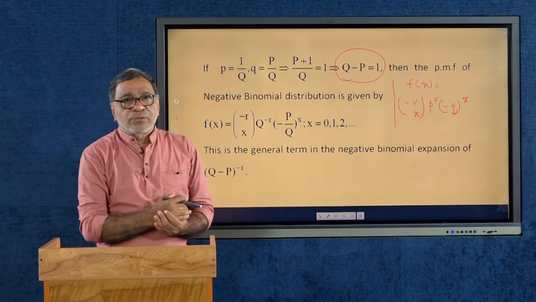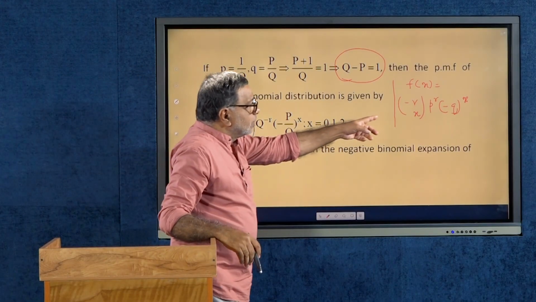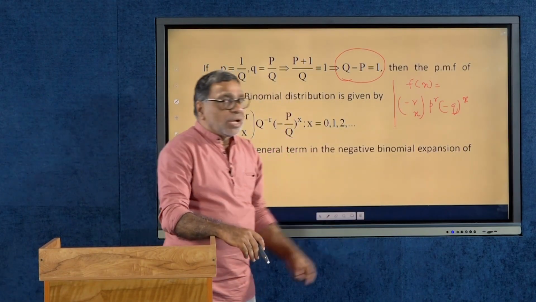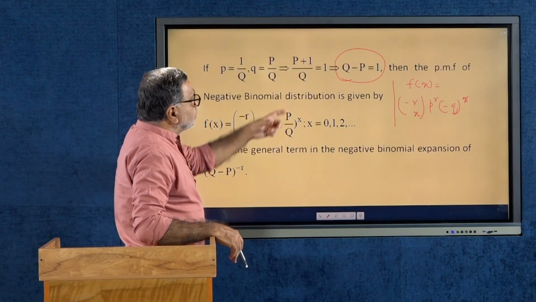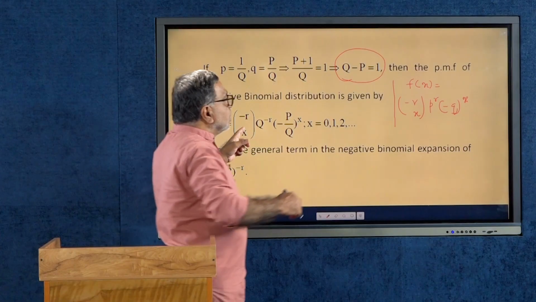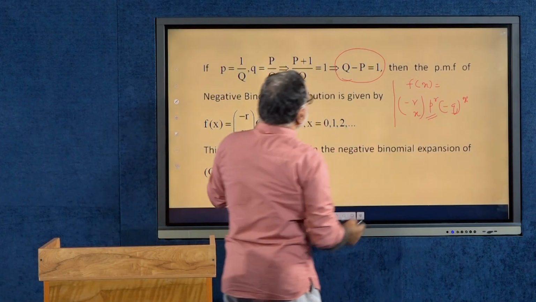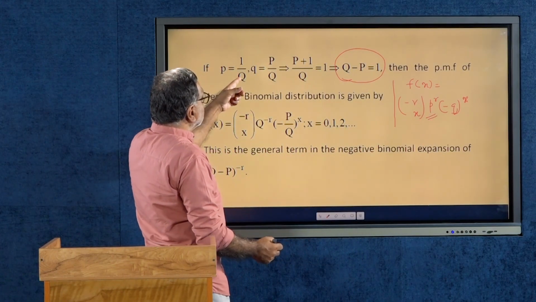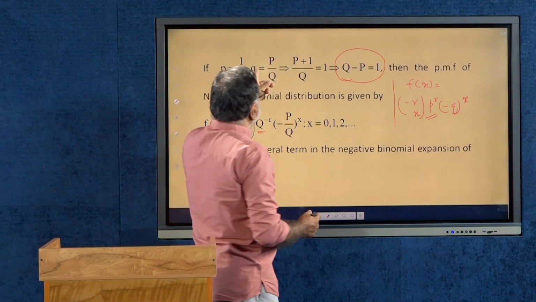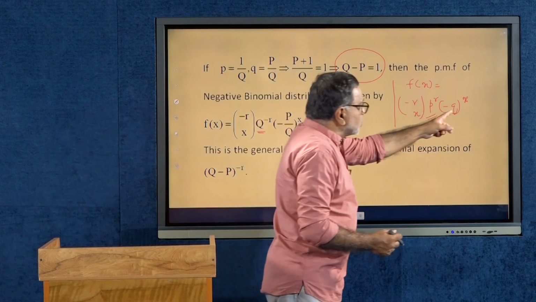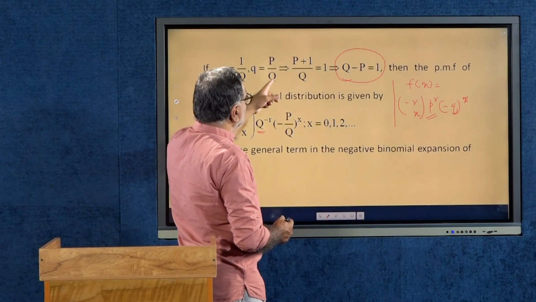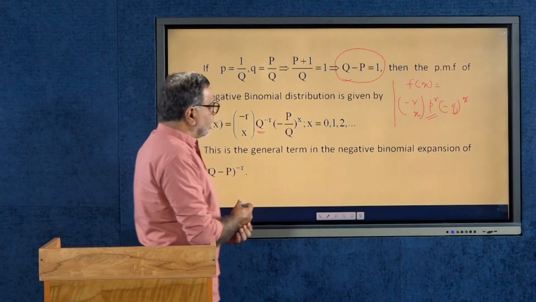f(x) = -rCx p^r (-q)^x. Represent this function value in terms of two new variables, that is -rCx, this p is what? 1 by q, so here it is q power minus r, and minus q is minus p divided by q, so (-p/q)^x.